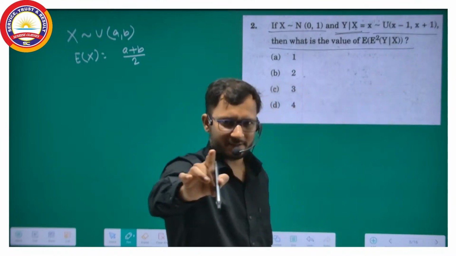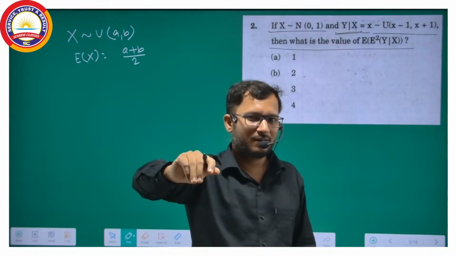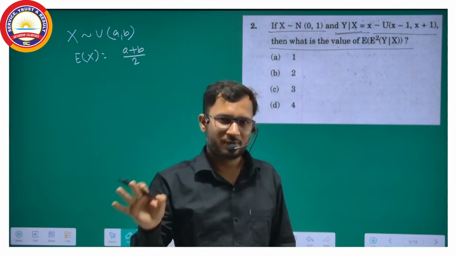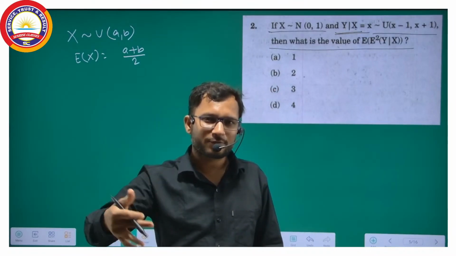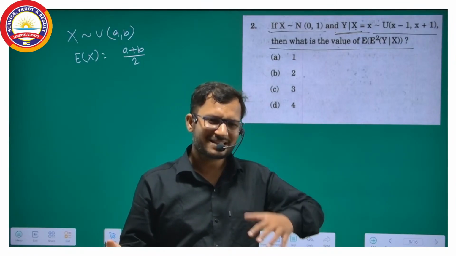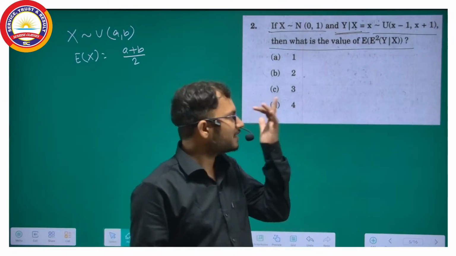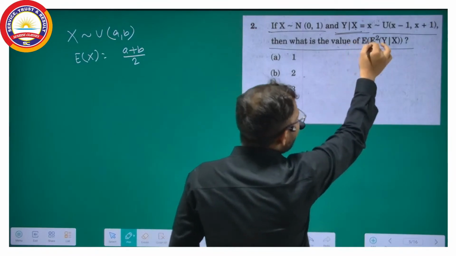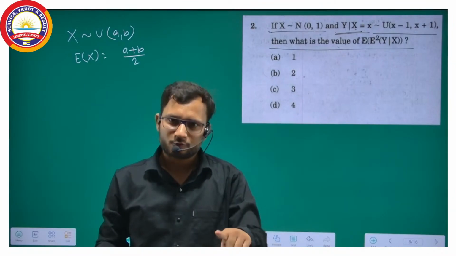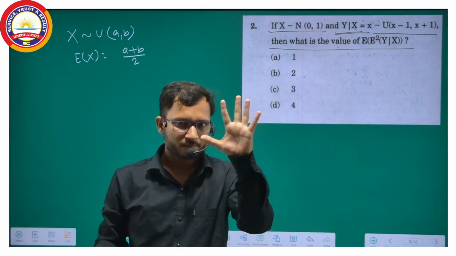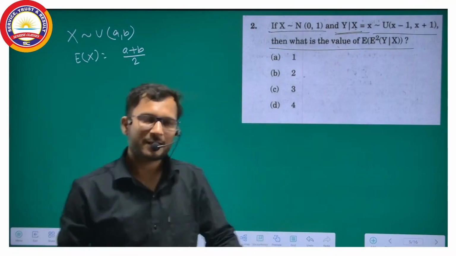A lot of candidates, because I have listened to a lot of students of my institute, they all did the same mistake. So you have to find expectation of y given x, and then you have to take the square of that. Getting my point? Whatever will be expectation of y given x.